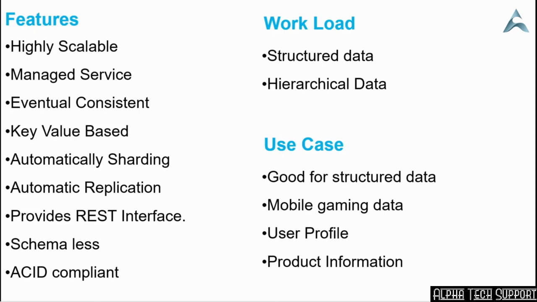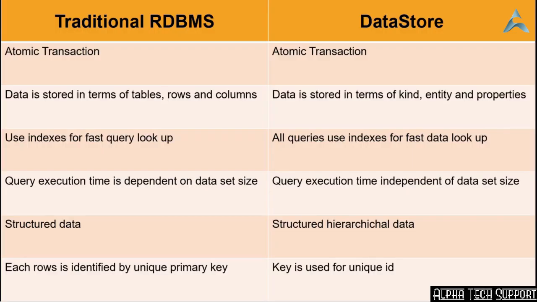If these are your typical use cases, then you should consider using Cloud Data Store. For example, you can use Data Store to store information like gaming session state, user profile information, or product information in case of an e-commerce application.